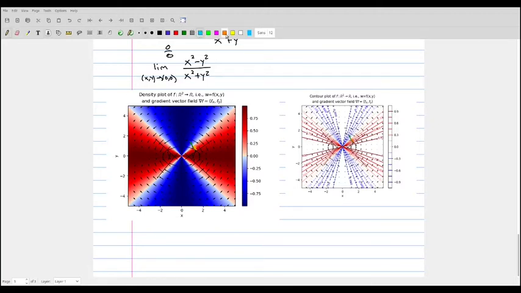So you see that no matter what path you choose to approach, say you approach along this line right here, call this path 1.